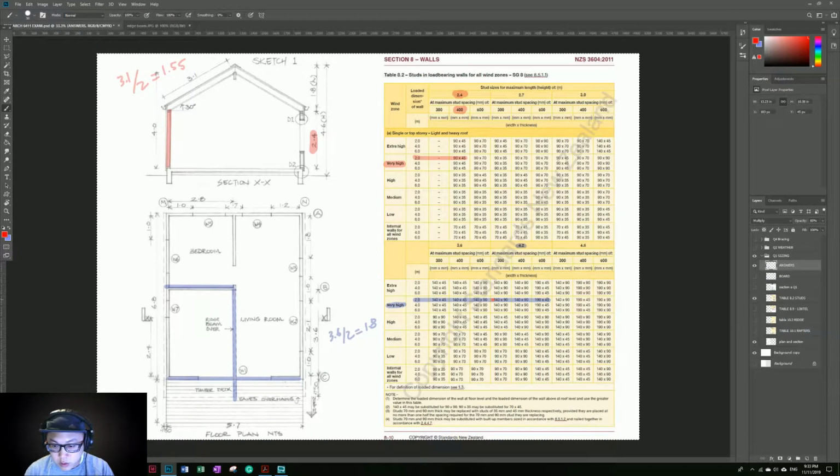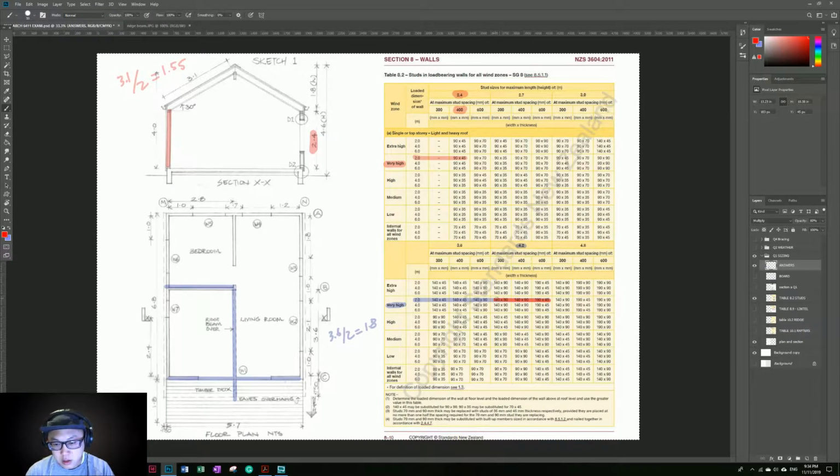Those values here are the ones that we can select from. We could either choose 140 by 90 at 400 centers, or 190 by 45 at 600 centers. I think both answers are correct.